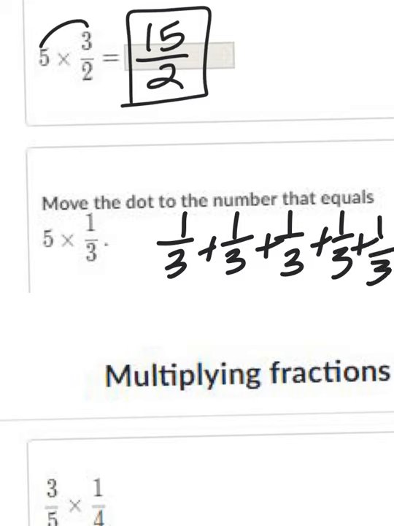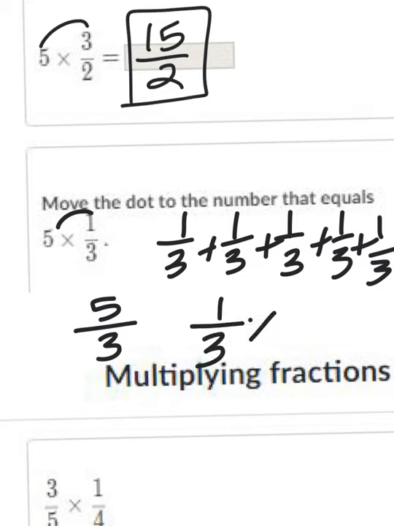That could be one way. Or you could have 5 times 1 is 5, right? Over 3. Let's see, what else? And if they just flipped it around, you could have 1/3 times 5. So on your skill, it's going to give you different options, and you need to choose the one that's equivalent. Okay?